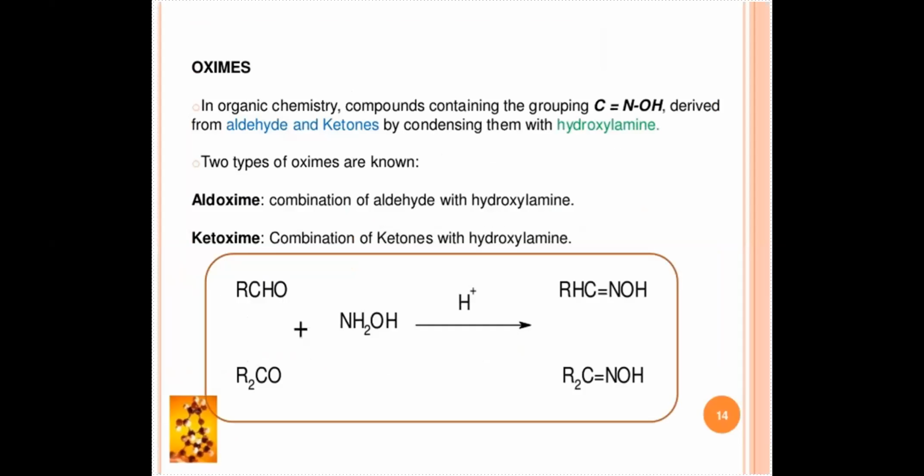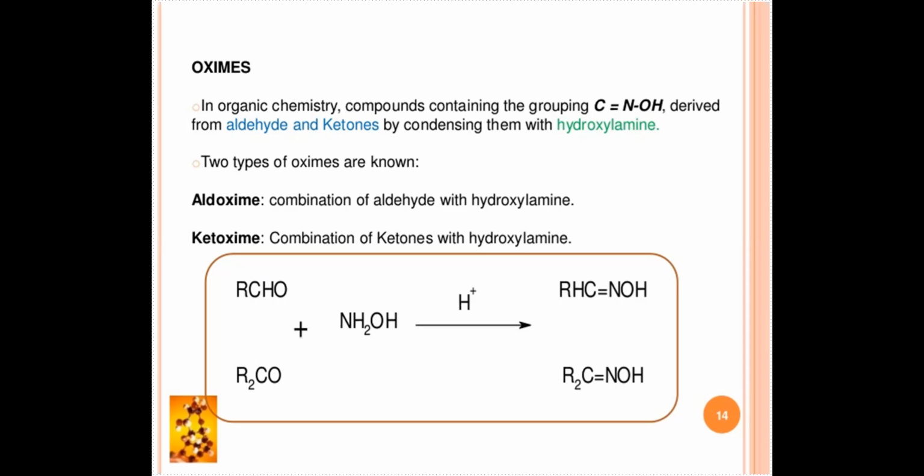So what are oximes? The first thing that you have to know is what oximes are. It is nothing but a C=N-OH linkage. The C=N-OH linkage is known as your oxime. This is formed when an aldehyde or a ketone reacts with hydroxylamine in presence of an acid.